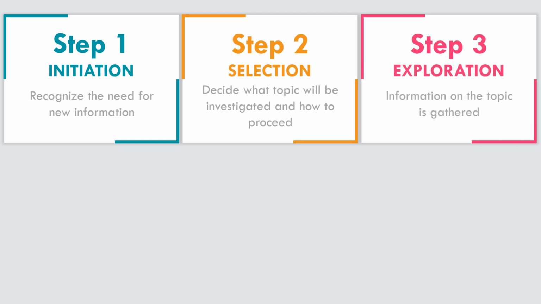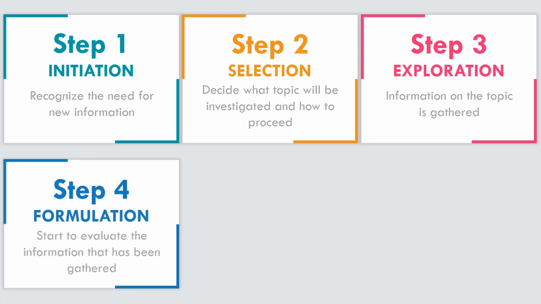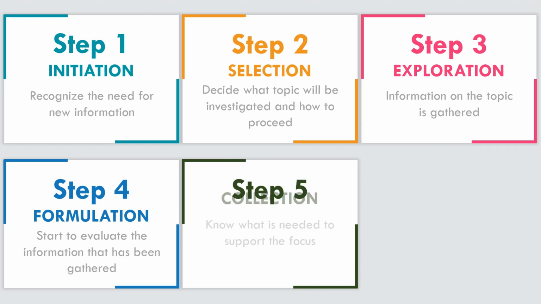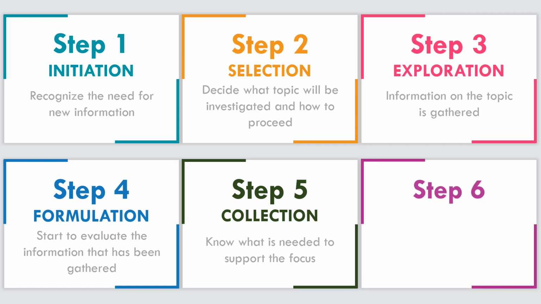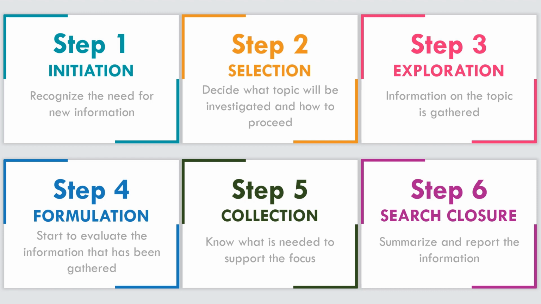Exploration. The information on the topic is gathered. Step 4. Formulation. We start to evaluate the information that has been gathered. Step 5. Collection. We know what is needed to support the focus. And the final step, search closure. We summarize and report the information.